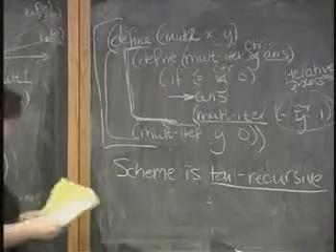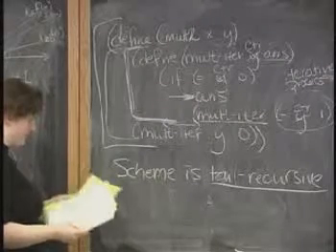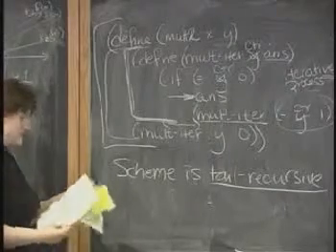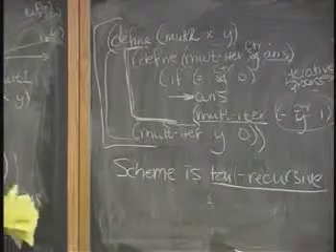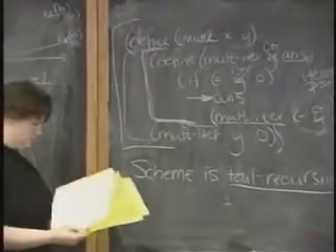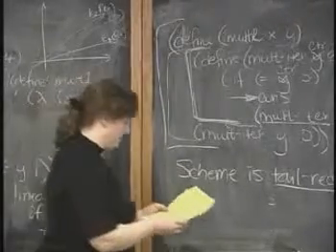Officially, I could find the real definition that I wrote down. Maybe not. In any case, it means that it's not saving state. Can't find my notes. There we go.